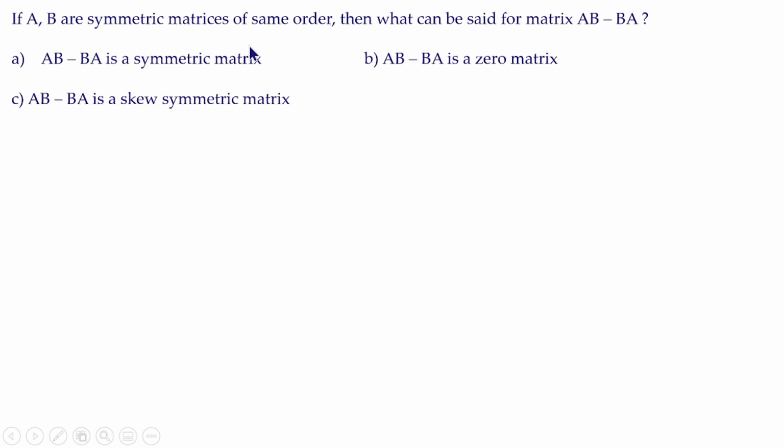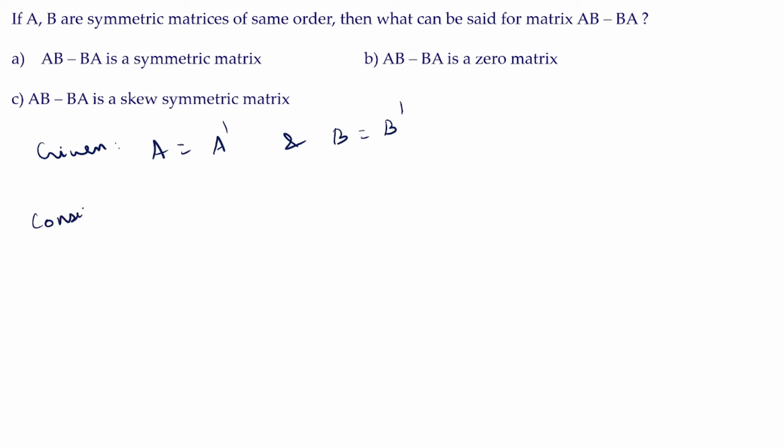This is an example question which I thought is worth doing. If A, B are symmetric matrices of the same order, then what can be said for matrix AB minus BA? So we need to find whether AB minus BA is symmetric or skew symmetric or a zero matrix. So it is given A and B are symmetric matrices. A equal to A transpose and B equal to B transpose.